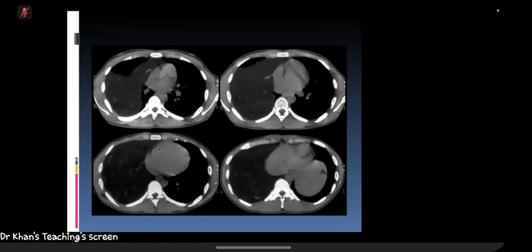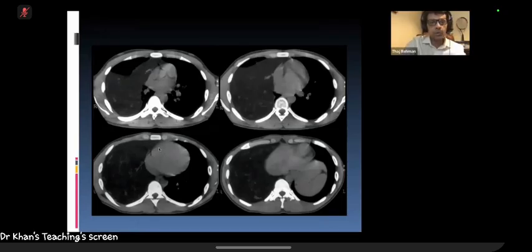We've moved on to a CT chest, which shows... That was by error. I didn't want to move out. There was one sign that I wanted you to pick up in that X-ray. Let me just go back to that. Yeah, sorry about that.